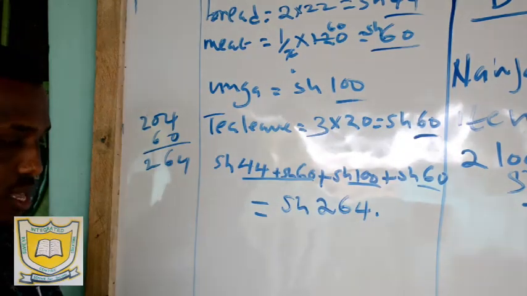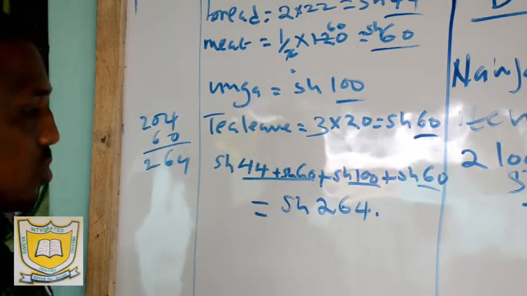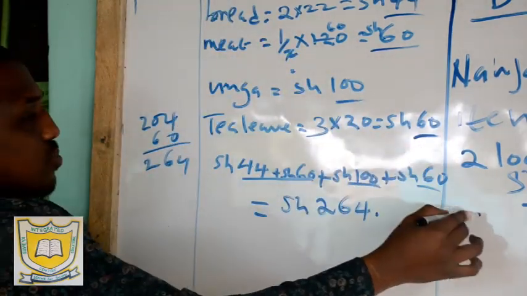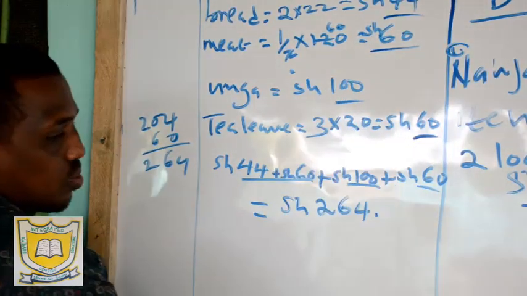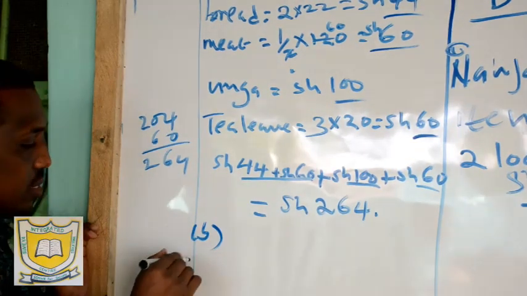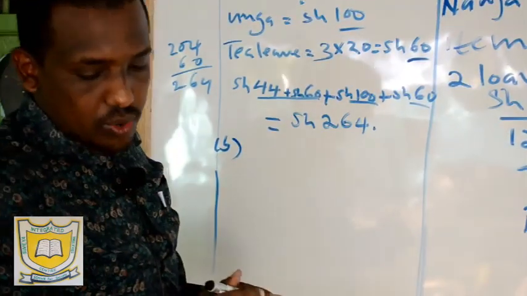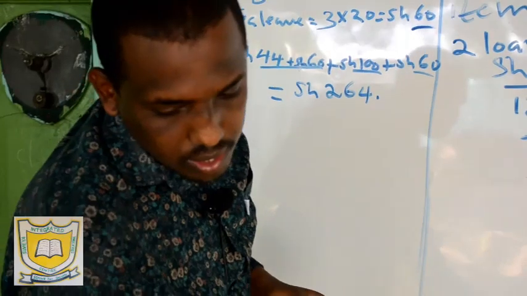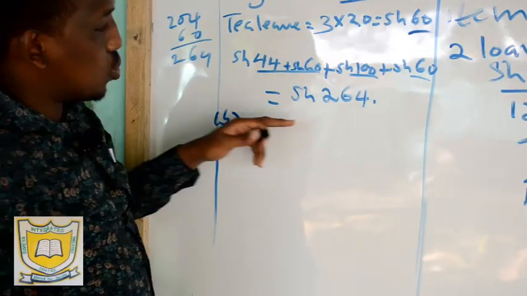That is the bill. That was question A. So let us see question B now. So it is 264.